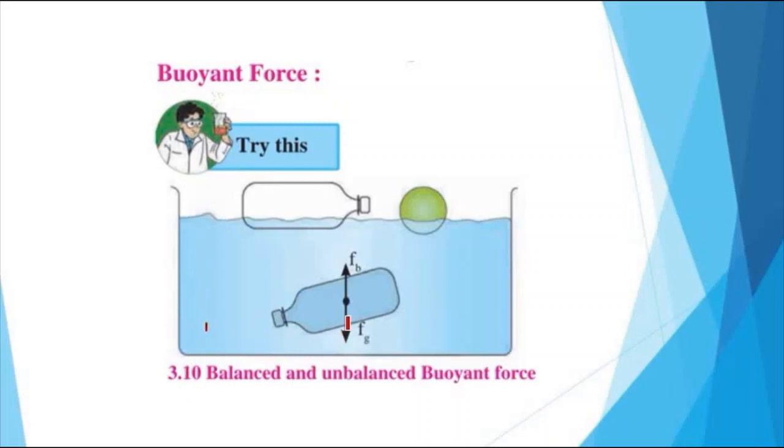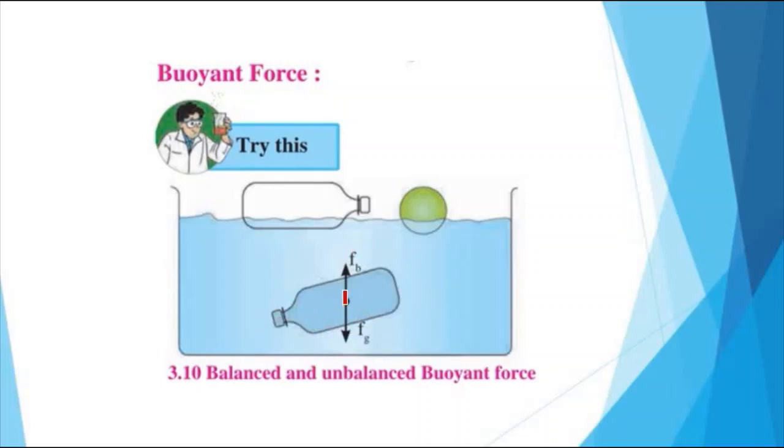This means the force due to gravity acting downwards must have been balanced by an opposing force in upward direction on the bottle filled with water. This force must have originated from the water surrounding the bottle.